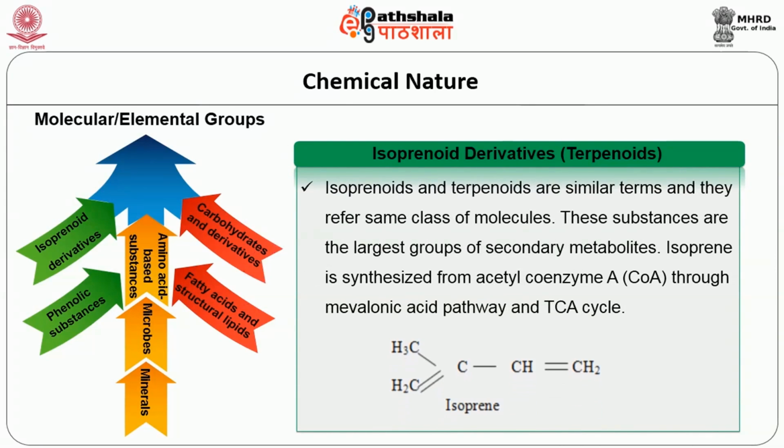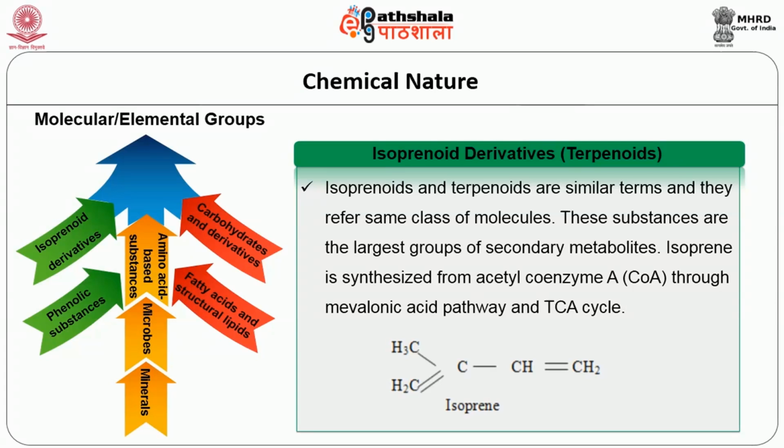The first one is the isoprenoid derivatives, or it can be called terpenoids also. Isoprenoids and terpenoids are similar terms and they refer to the same class of molecules. These substances are the largest groups of secondary metabolites. They are also the basis for many plant-derived nutraceuticals like carotenoids, tocopherols, tocotrienols, and saponins.